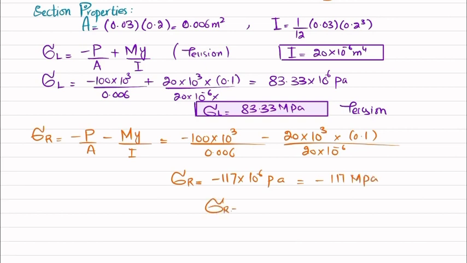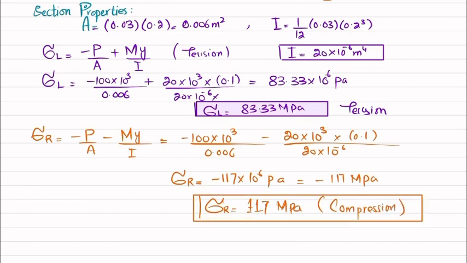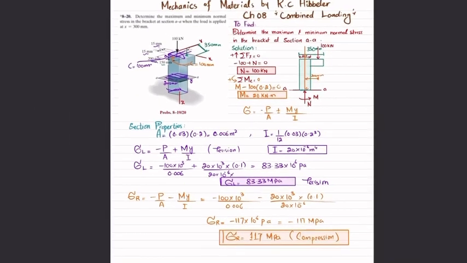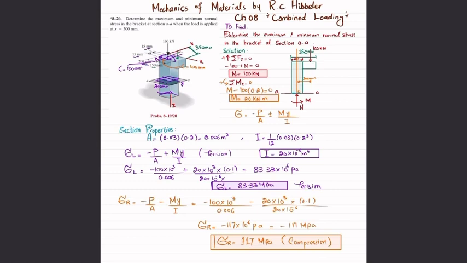Since this value is negative, 117 megapascal is the stress value at the right side, and that is in compression. So these are the answers of this question, which is problem 8-20.